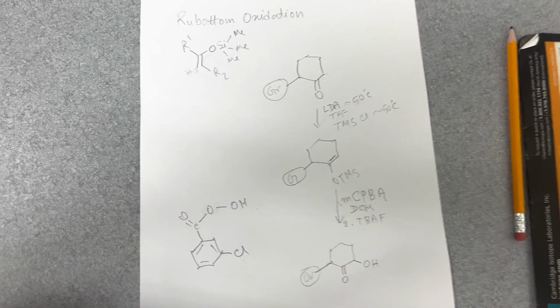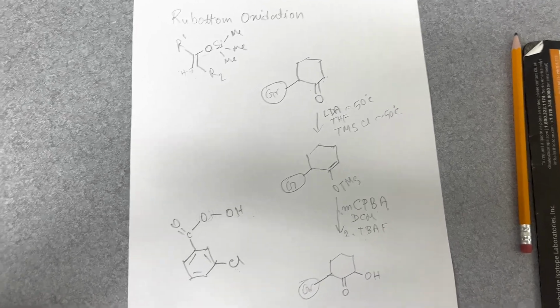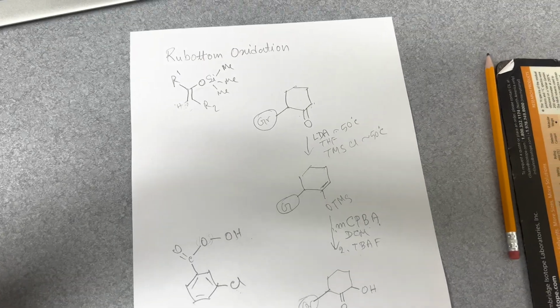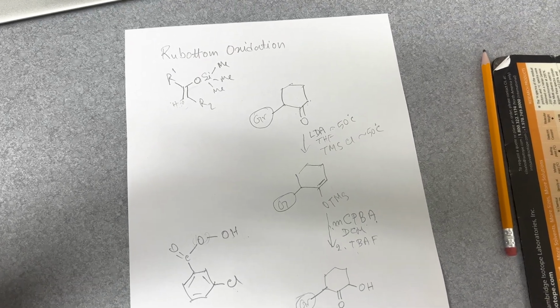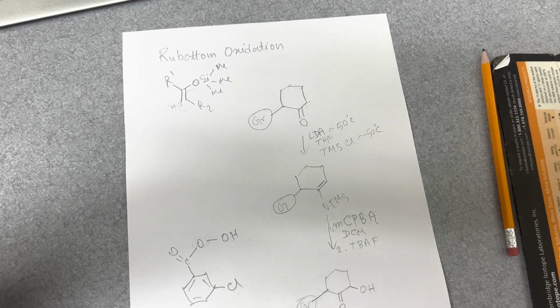The original implementation of this Rubottom oxidation featured the peroxy acid metachloroperoxybenzoic acid as the oxidant in dichloromethane in the case of Hassner and Brook, and hexanes for Rubottom.